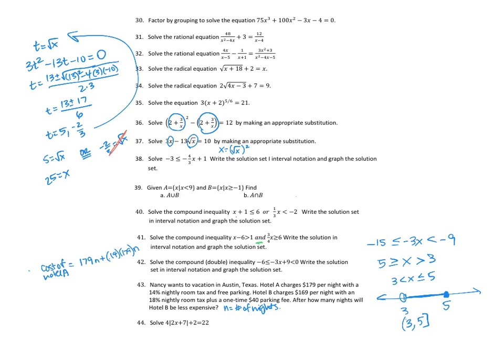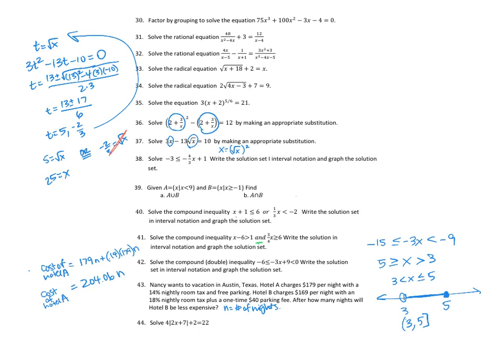We can simplify that down to 204.06 n. So that's the cost of Hotel A.